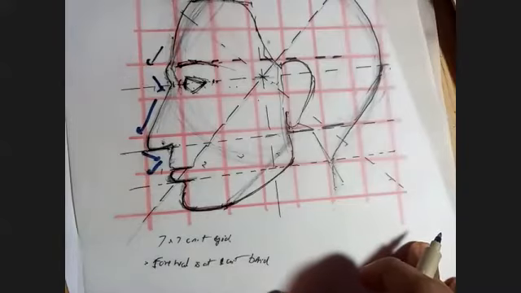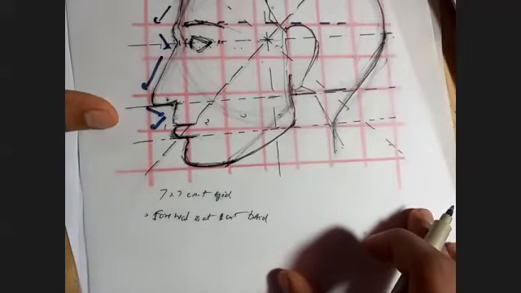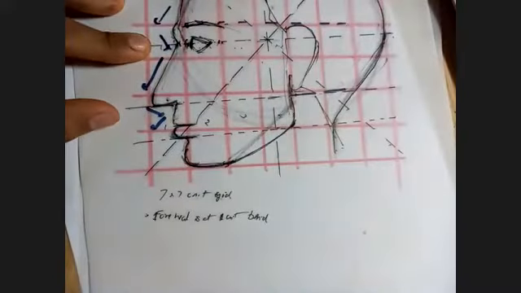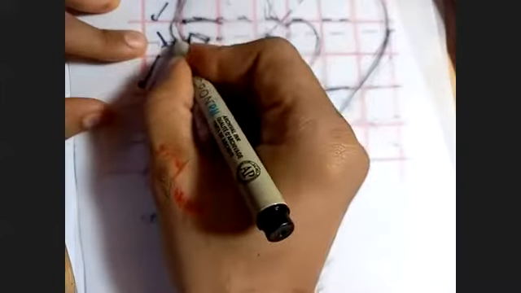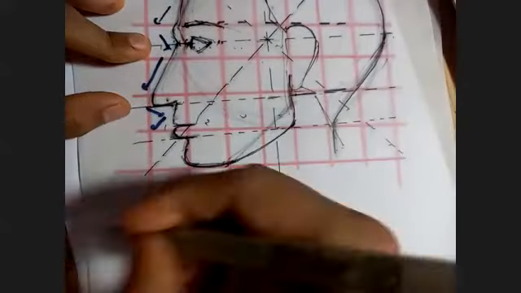Then the distance between the eyes and this one is half a unit. Then your eye starts. The eyes and the extreme end of the nose is more than 1 unit, but that doesn't relate. We just need to compare this and this. This is half unit.